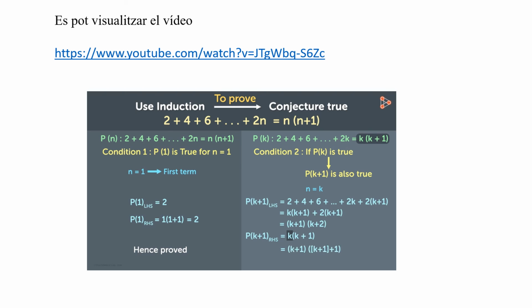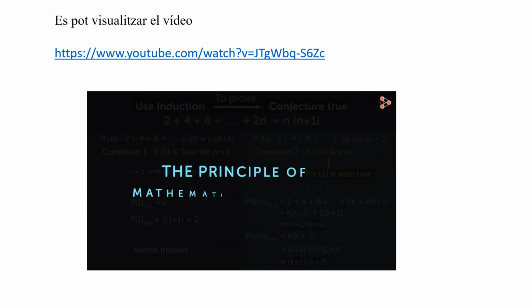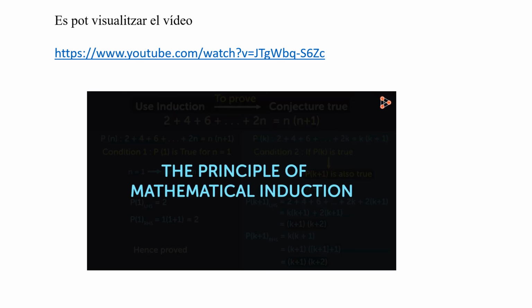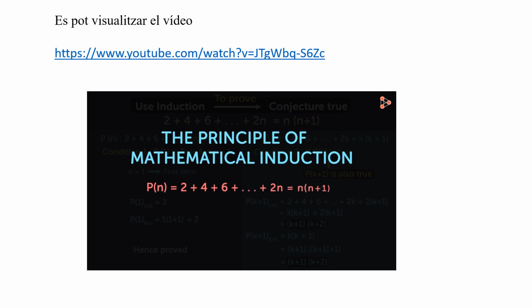And that gives us k plus 1 times k plus 2. Hence, we can say that the left-hand side of P of k plus 1 is equal to its right-hand side. This means P of k plus 1 is true and the inductive proof is now completed. Hence, by the principle of mathematical induction, we can say that P of n is true for all natural numbers n.